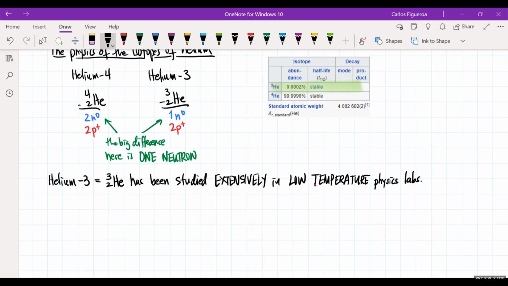And what you find here is that one can create liquid helium. And liquid helium, what we know about liquid helium is that it's a very bizarre thing known as a quantum liquid.